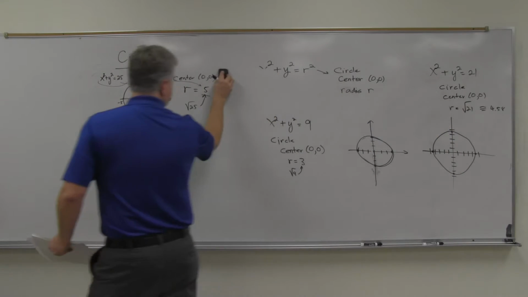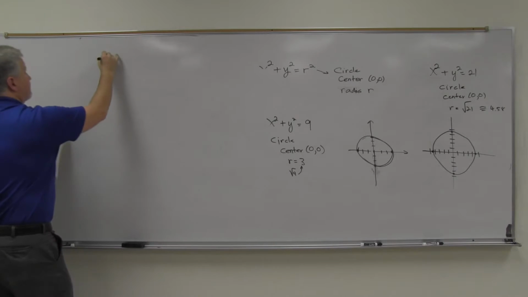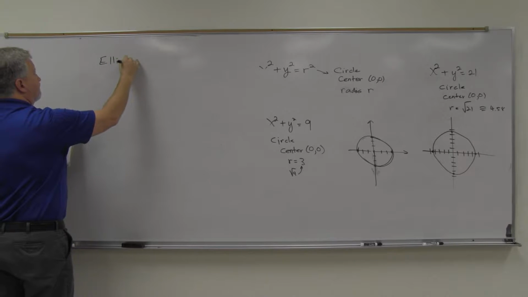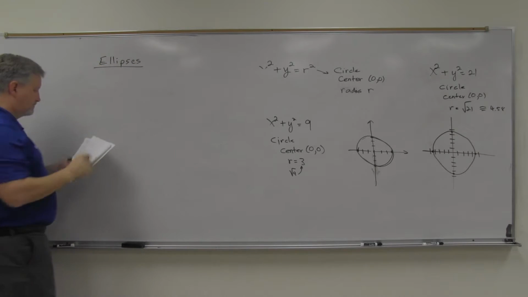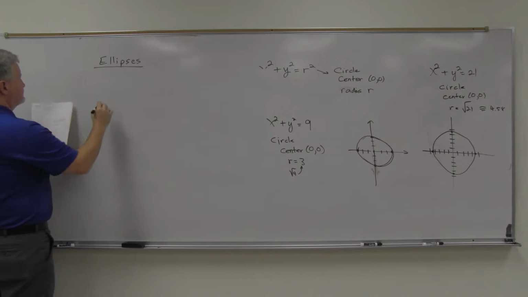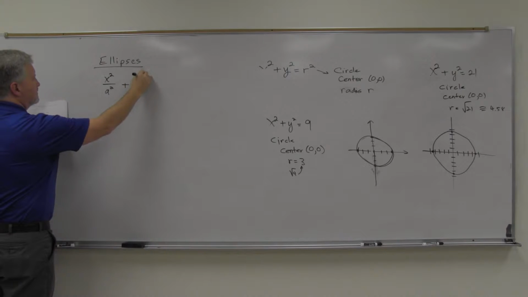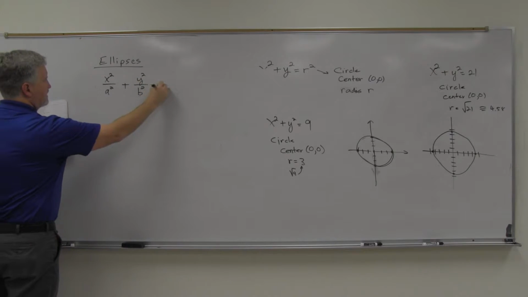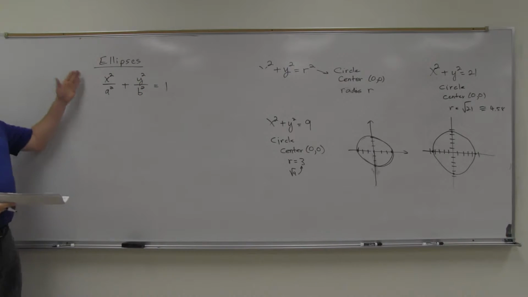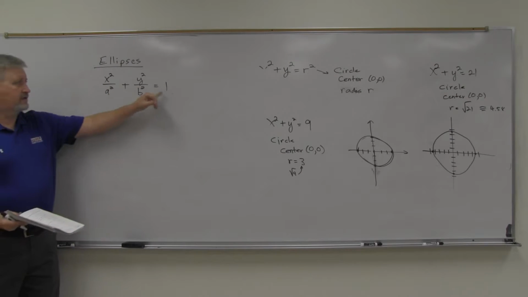Now, here's the deal on an ellipse. What they typically do, I think this is pretty standard method. Here's what you want for an ellipse: x squared over a squared plus y squared over b squared equals 1.